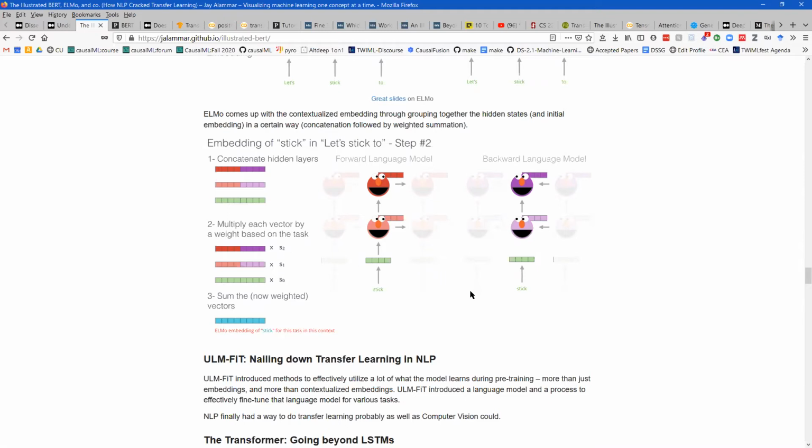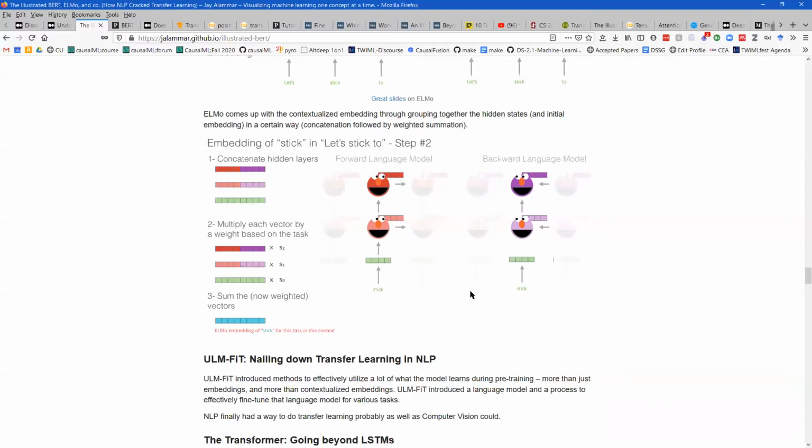The people at Allen AI themselves found out that certain specific values of S0, S1, S2 work well for each type of task. For example, for NER, maybe S2, that is the hidden state at the second level, is more important than S1.